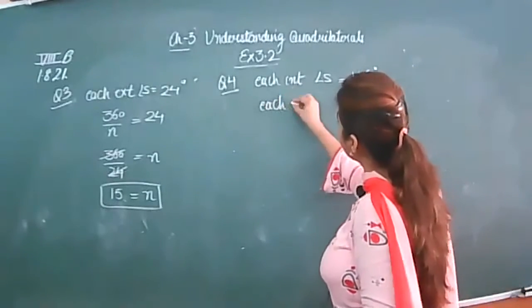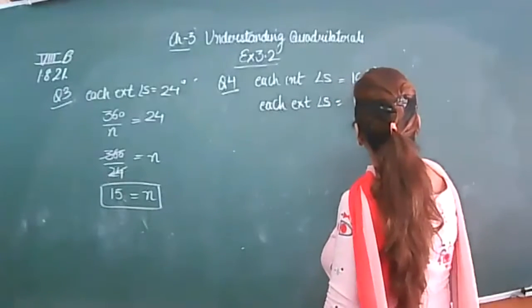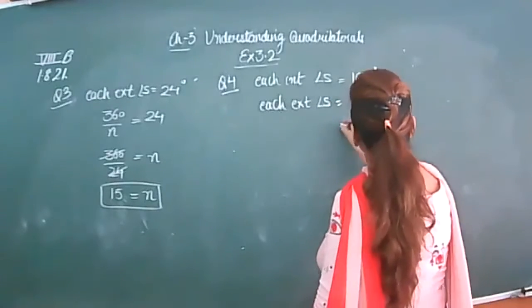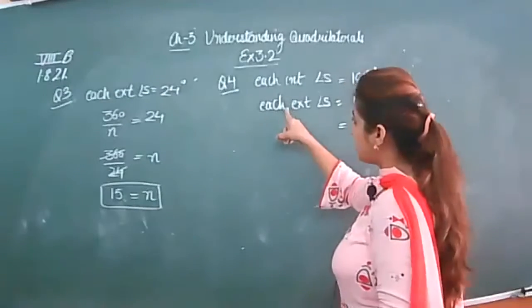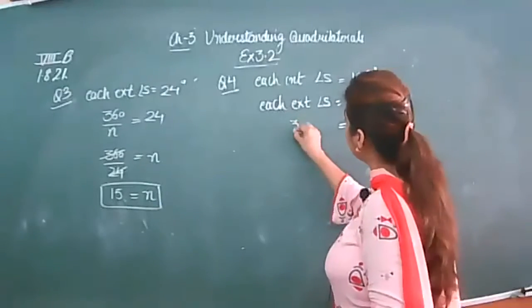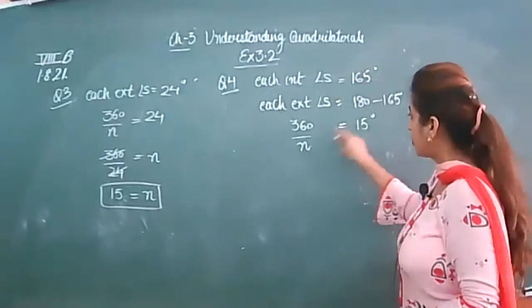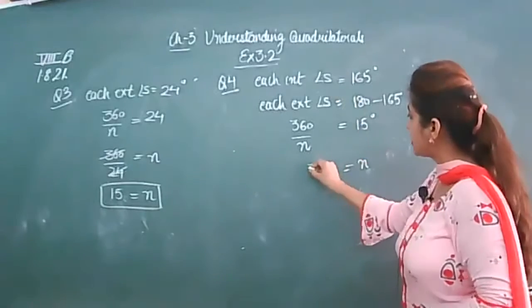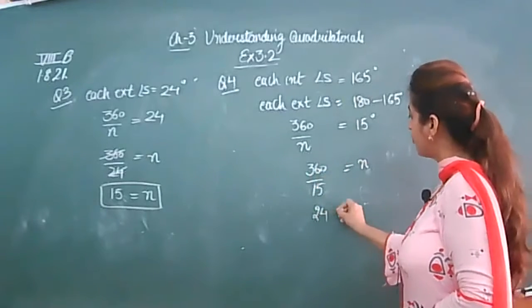So the interior angle is given. Each exterior angle is 180 minus 165, that is 15 degrees. Now what is the formula for each exterior angle? 360 by n. Okay. Now cross multiply, n will go to this side. 360 by 15, 24.